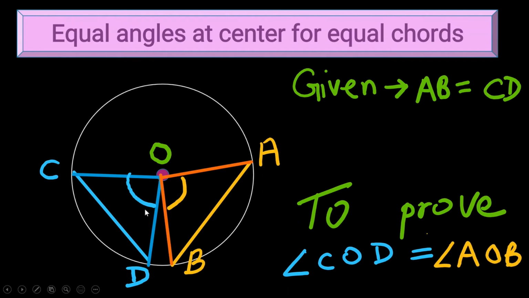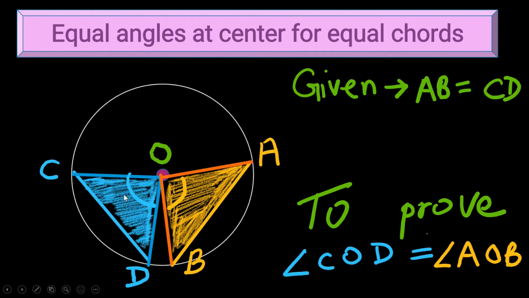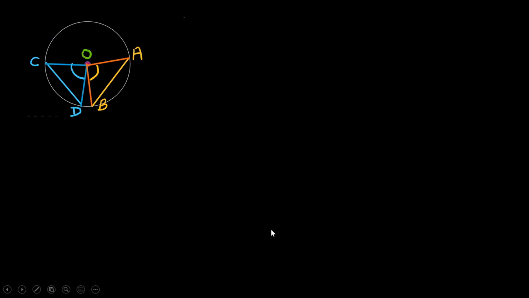Let's prove that. In order to prove this, we need to show that this region and this region are equal. That means we need to prove triangle COD is congruent to triangle AOB.